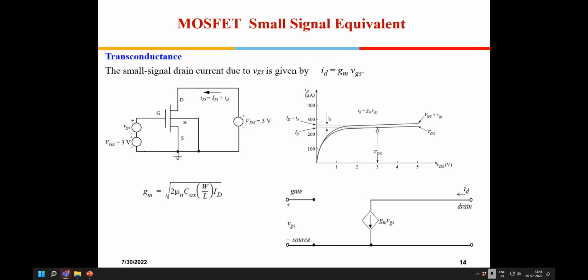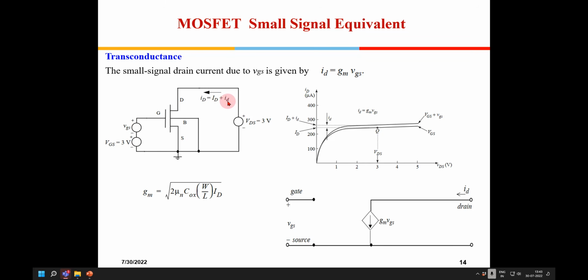So this capital VGS is the DC voltage, written in capital. This small vgs is the AC signal which I am superimposing on this DC signal. Small i D is the total current, capital I D is the DC current, and small i d is the AC current.